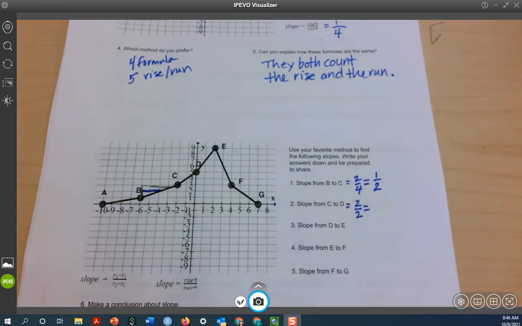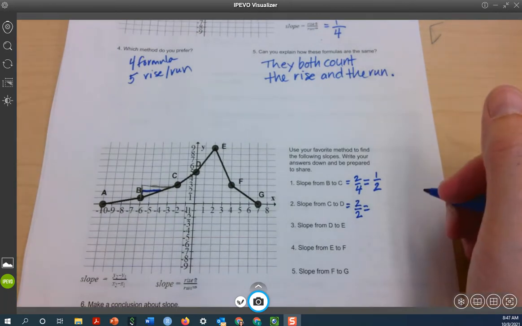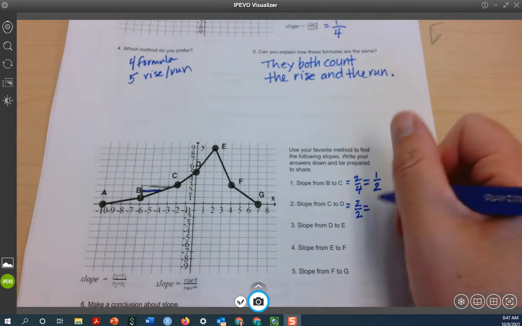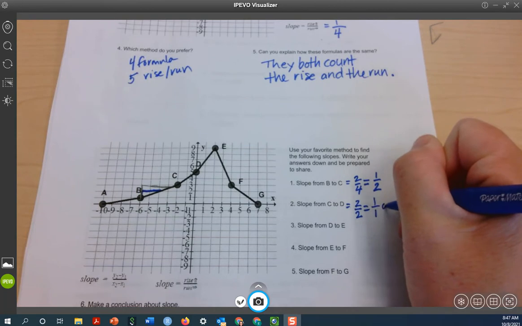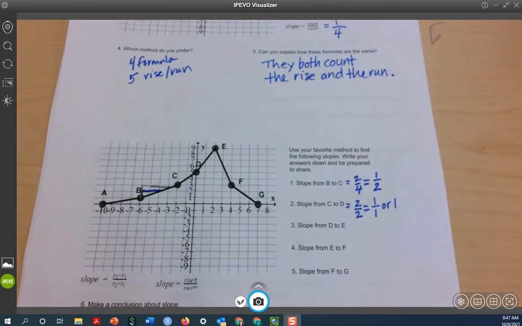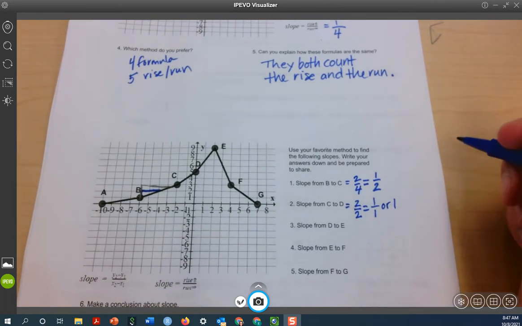And then Stephanie, did you simplify it any further? 1/1, good. Or you could just say 1, right? So 1/1's fine, 1 is fine, and 2/2 is also equivalent. All right, DE. Brian, what'd you do for DE?